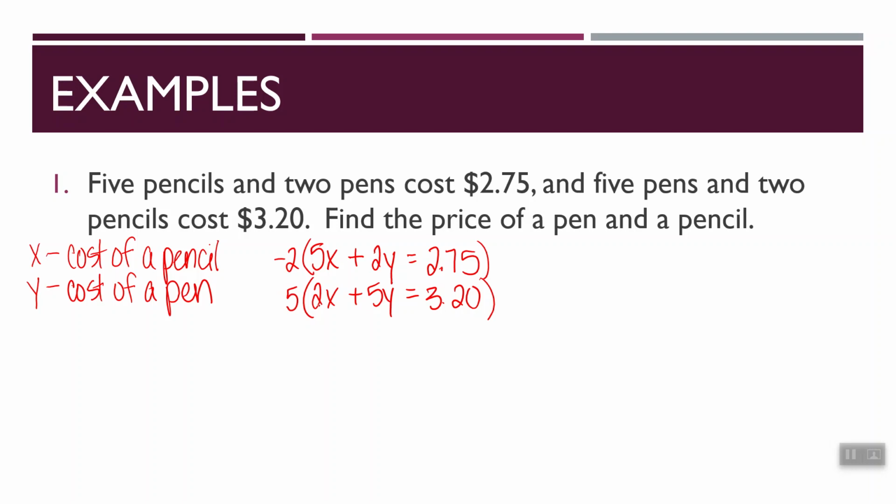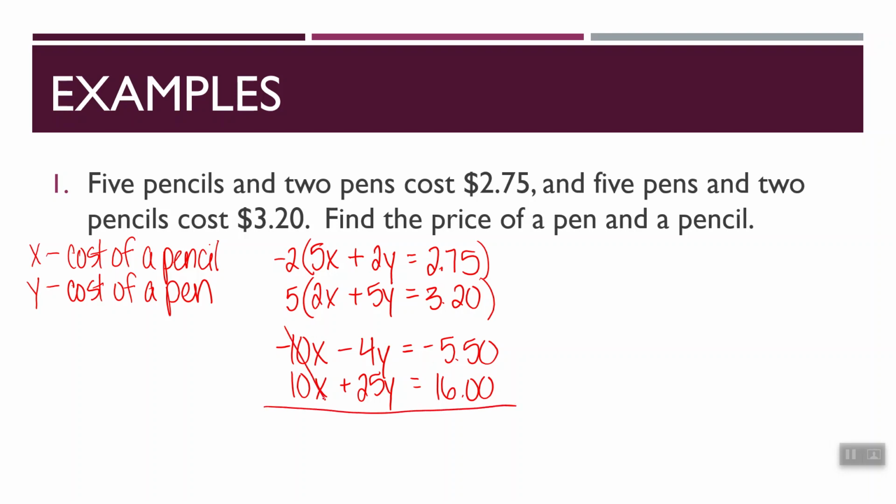I'm going to get my x's to eliminate by putting a -10 and a +10 in front of them. Again, it's your choice if you want to eliminate x or y. You should get the same answer both times. So the first equation, I have -10x minus 4y, and that equals -$5.50. In the second equation, I have 10x plus 25y, and that equals $16.